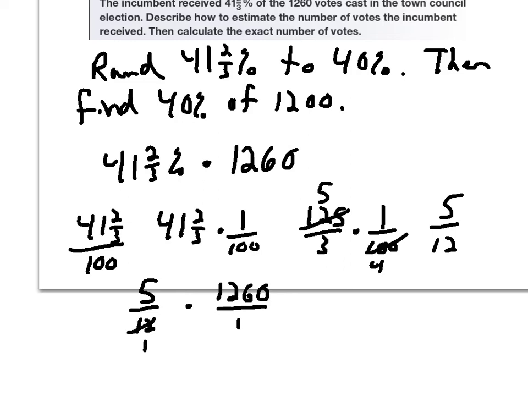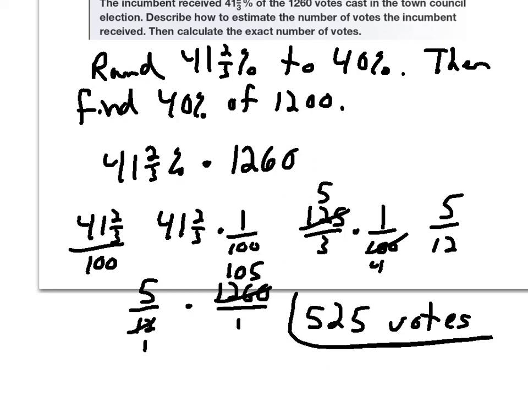So 12 divided by 12 is 1, and 1,260 divided by 12 is 105. And then I just multiply across. 5 times 105 is 525 votes. So again, what we did is we took the percent and changed it to a fraction, and then multiplied.